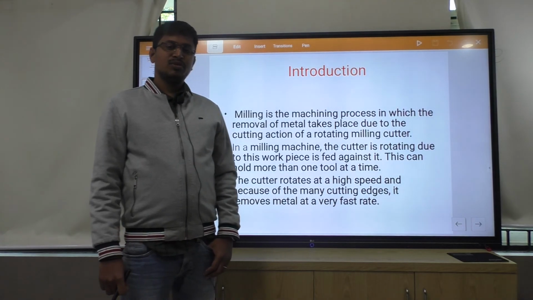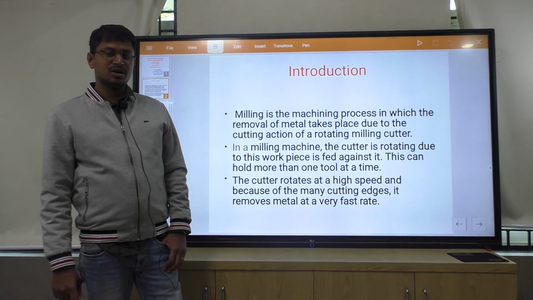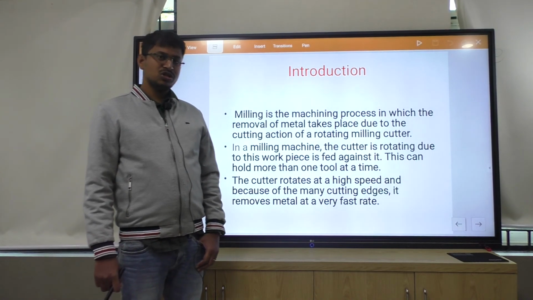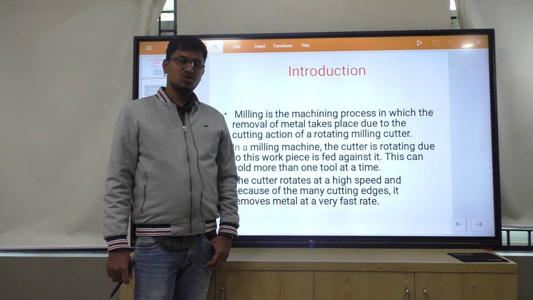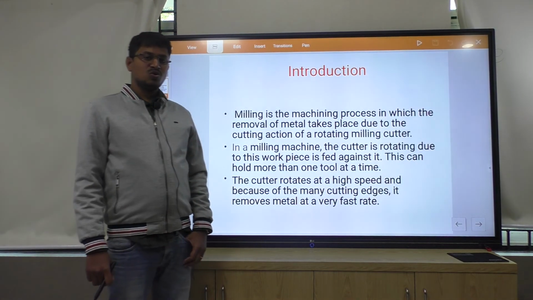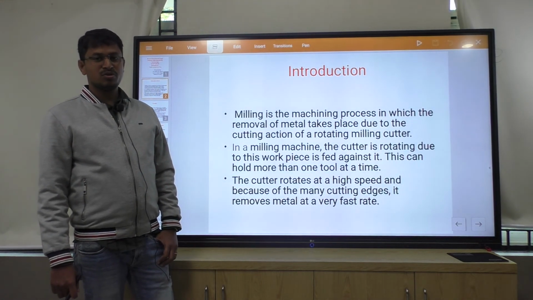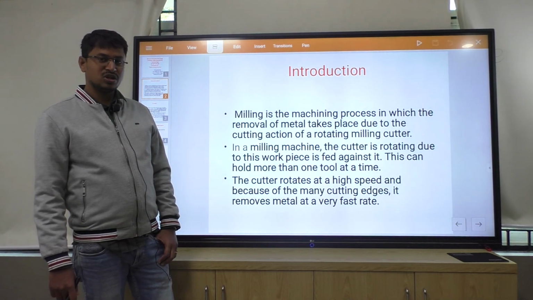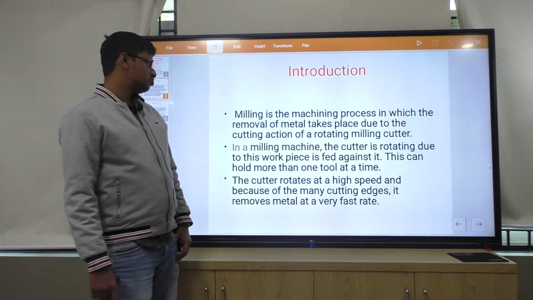Milling is a machining or material removing process in which we use a multi-point cutter to remove the material. That is, the workpiece is fed against a multi-point cutter so that the material is removed.